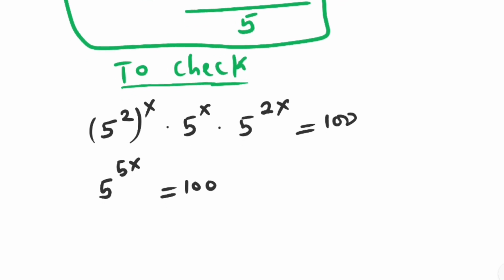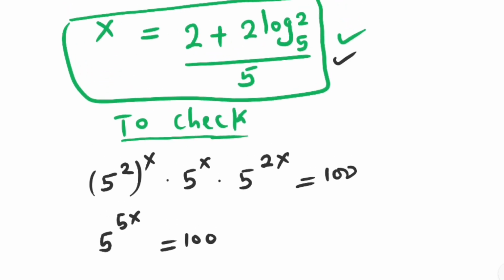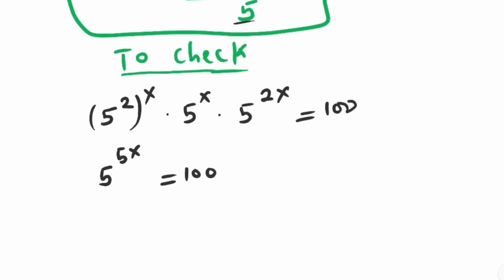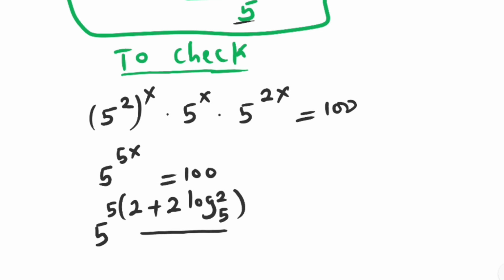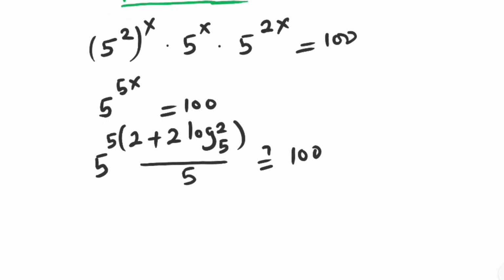Now, x is 2 plus 2 log 2 base 5 over 5. Then this is 5 raised to power 5 bracket 2 plus 2 log 2 base 5 over 5 must be equal to 100.